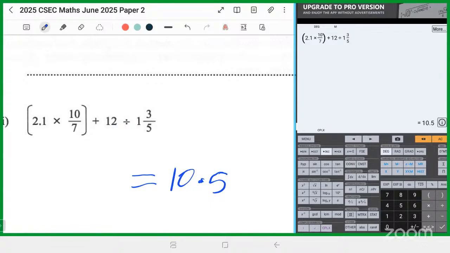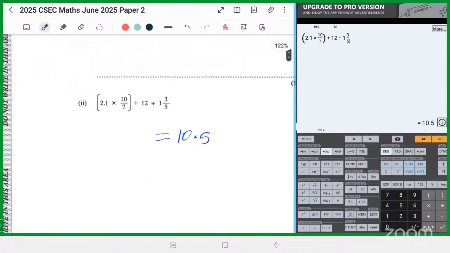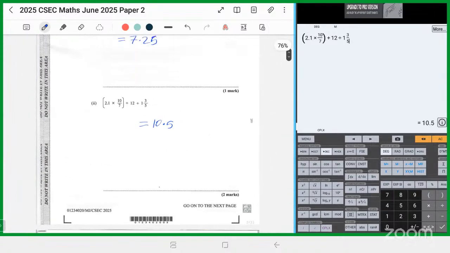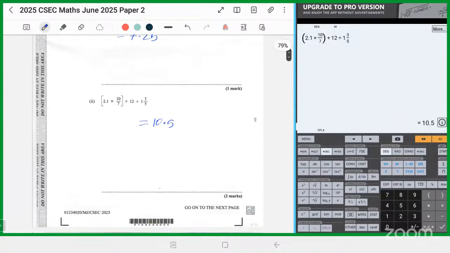That is an approximate value, after involved functions. That is it. Exact form, nothing special. 2 marks for this.